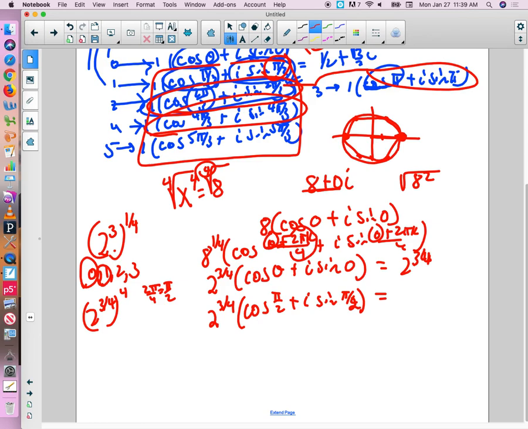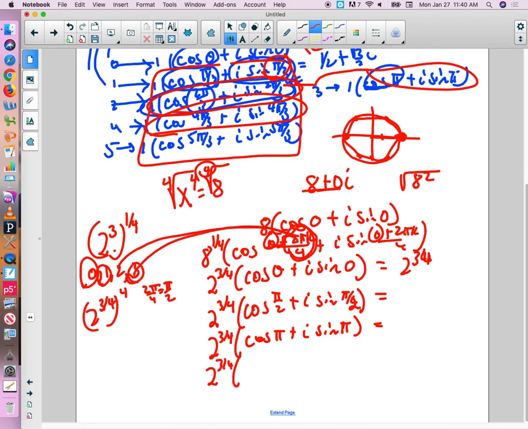That would give me 2 to the 3/4 I. Then you'd have 2 to the 3/4, and you would add another pi over 2 when you put in 2. And so you would get cosine of pi. And then your 4th one, you put in 3. You would get 6 pi over 4, which of course is 3 pi over 2.